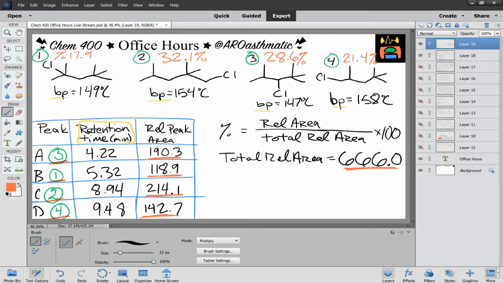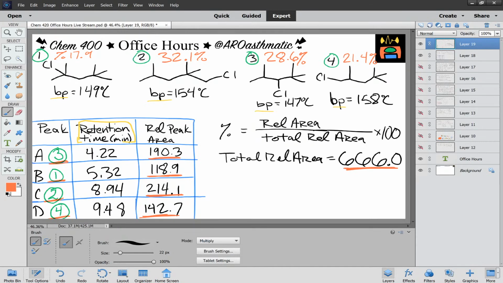So the reason why the actual data is different than the pure random chance approach is because the most abundant hydrogen statistically is not the most stable radical. And both of these things have a guiding hand in determining the distribution of our products. All right, so that is the answer to number 4.